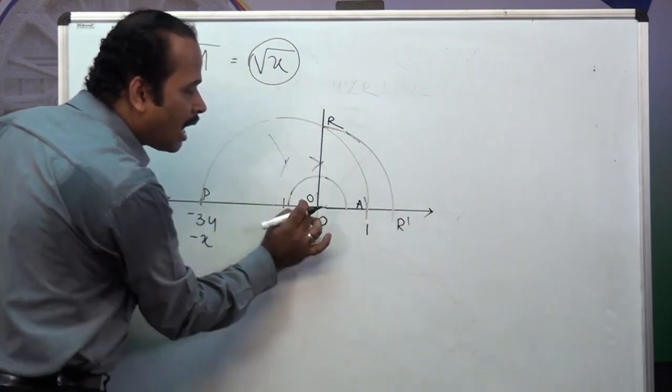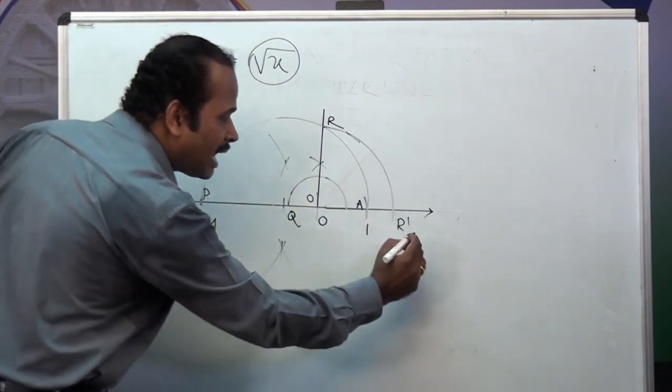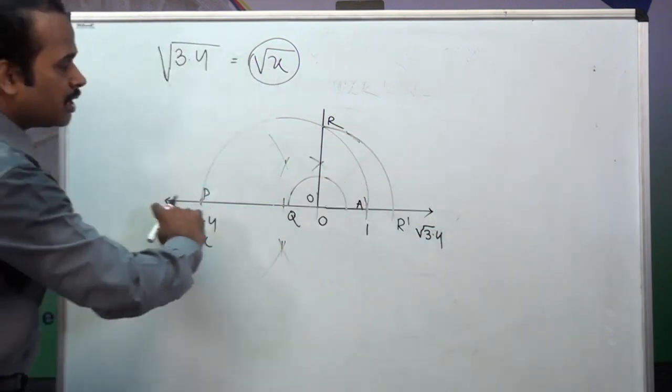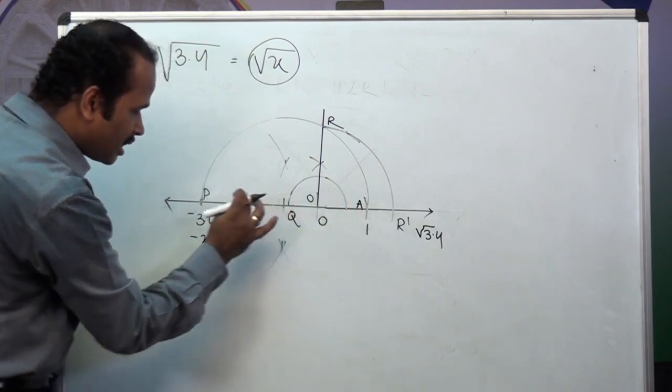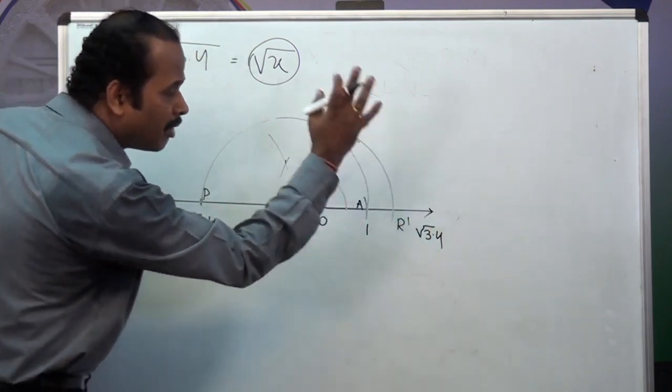Now OR and OR dash are both equal because I have taken O as the center. R dash represents the square root of 3.4 on this number line. This is the number line where this is 0, this is 1, this is minus 3.4, and this point R dash is the square root of 3.4.